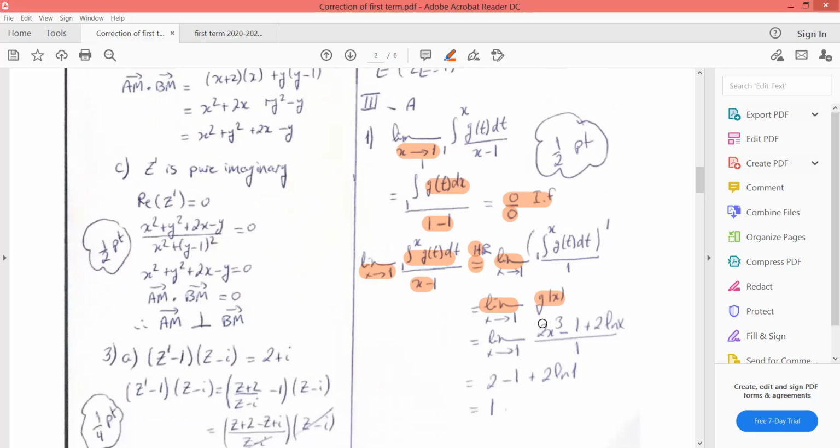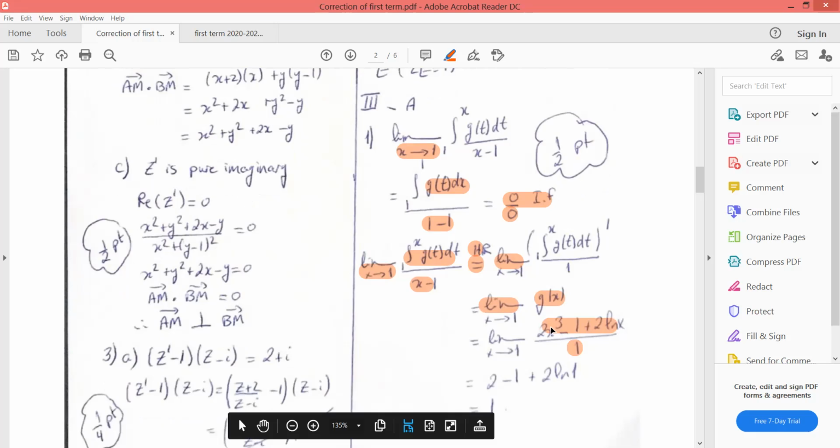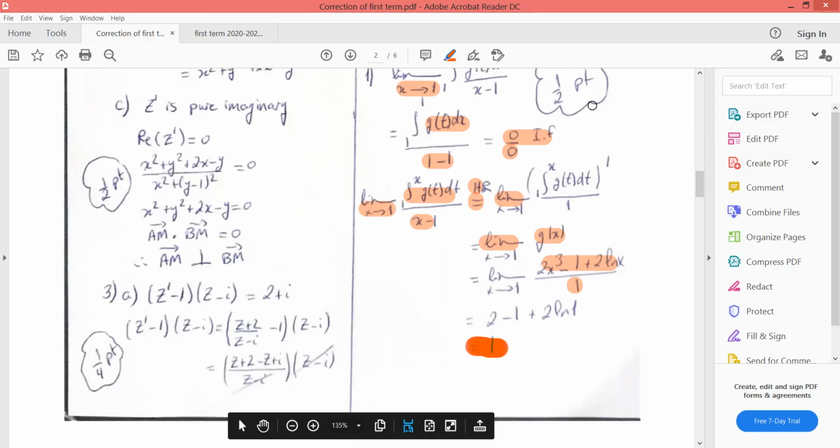Equal limit as x tends to 1 of 2x cubed minus 1 plus 2 ln x over 1. Now we replace x by 1. It becomes 2 minus 1 plus 2 ln 1. Ln 1 is 0. We get 1. This part is half a point.